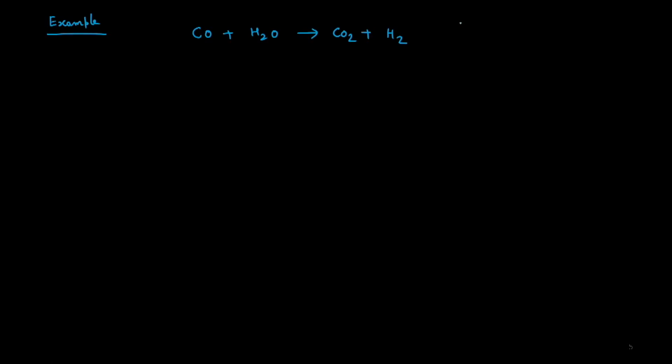The initial number of moles Ni are given here. Let's write this. Ni naught for CO, for H2O, for CO2, for H2, and it turns out in this particular reaction there is also an inert nitrogen present, so we'll write the initial number of moles for nitrogen also.